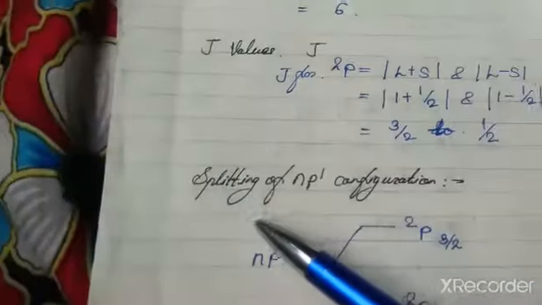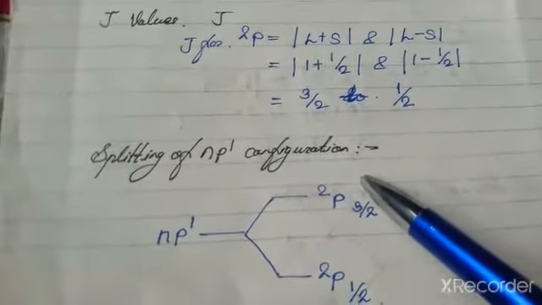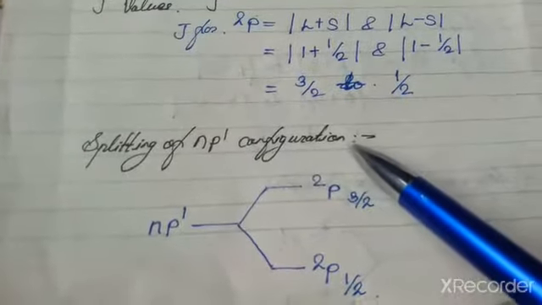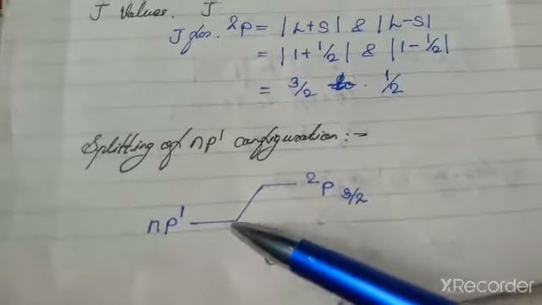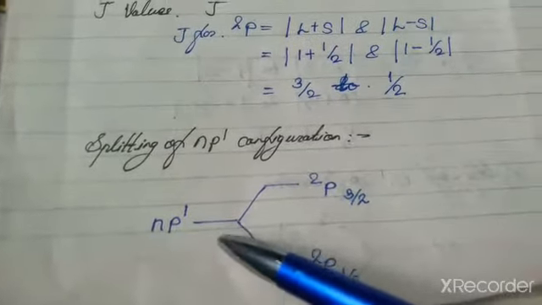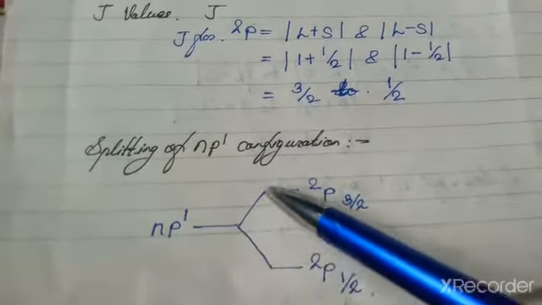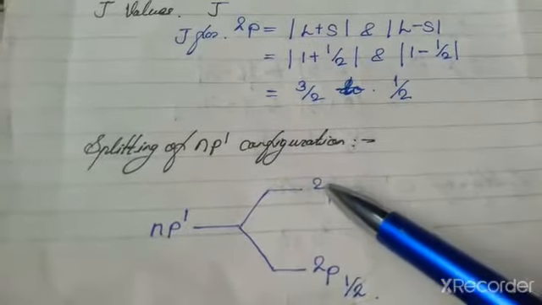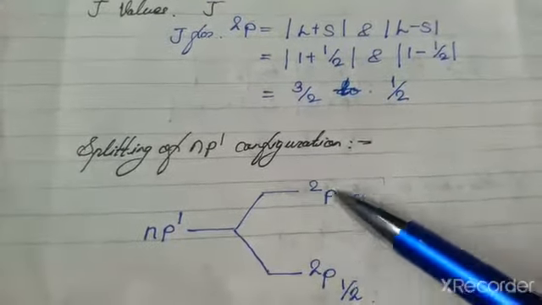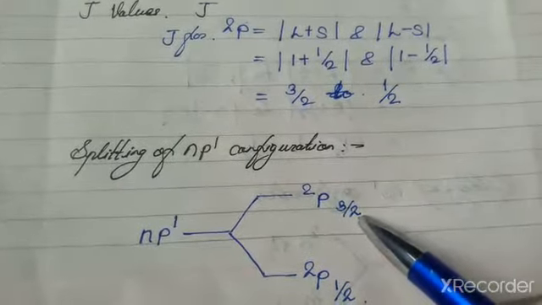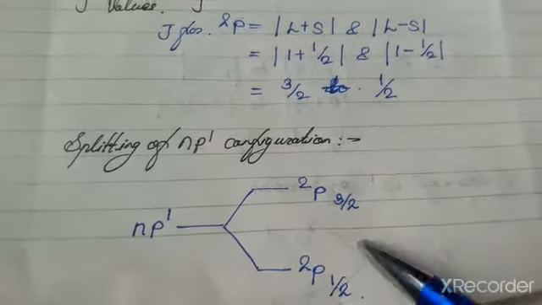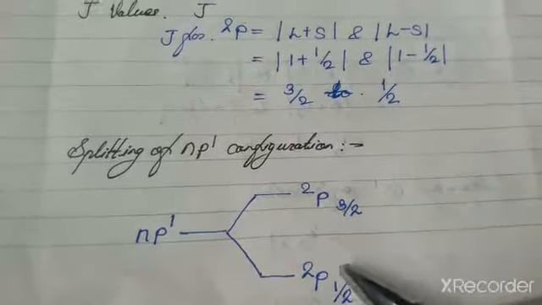Okay. Then the splitting of the np1 configuration. Here the last point is the splitting of the configuration. In the case of the np1 configuration, it splits into two terms, 2P and 2P. The J values range from 3 by 2 to 1 by 2.